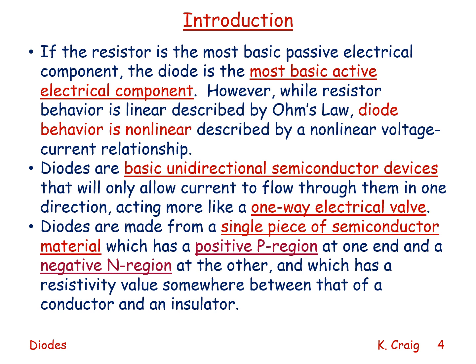Diodes are basic unidirectional semiconductor devices that will only allow current to flow through them in one direction, acting more like a one-way electrical valve. Diodes are made from a single piece of semiconductor material which has a positive P region at one end and a negative N region at the other, and which has a resistivity value somewhere between that of a conductor and an insulator.